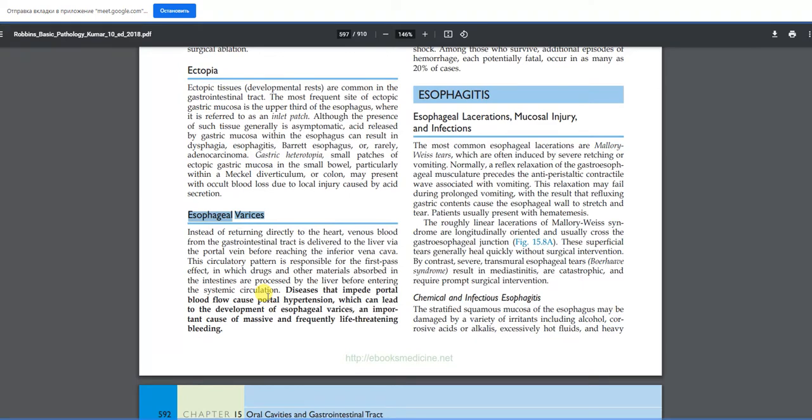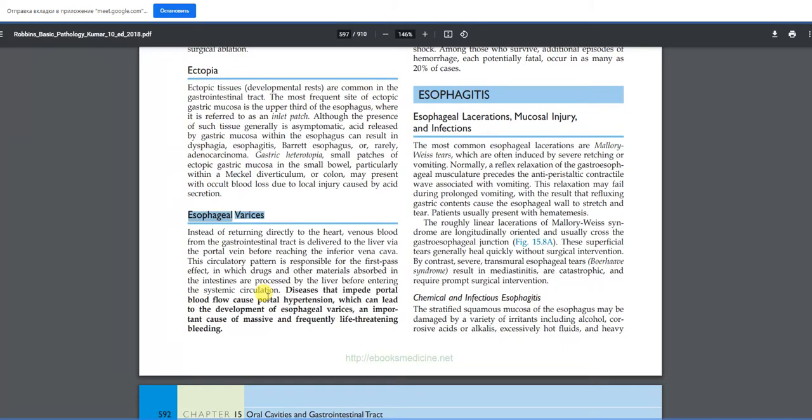In the histology of the liver, we discussed a little bit that the portal vein collects blood from all organs of the peritoneal cavity and passes it through the liver. Later we'll discuss some pathology of the liver which leads to portal vein hypertension.